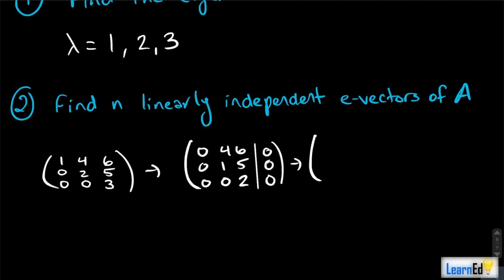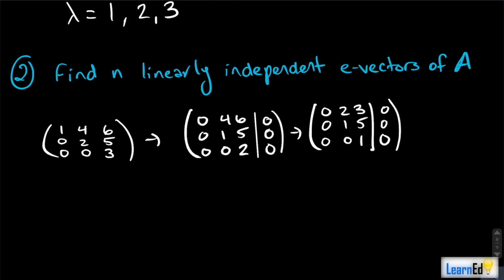So we can simplify this to be 0, 2, 3. Let's do it just like that. And then we'll have a 1 here. And then again, you need to remember to separate this and augment it. Keep forgetting in this video.